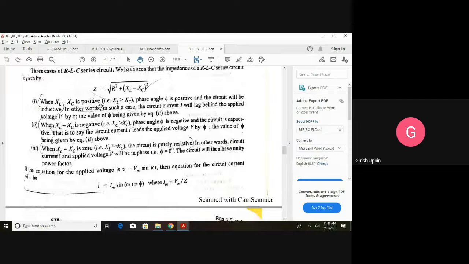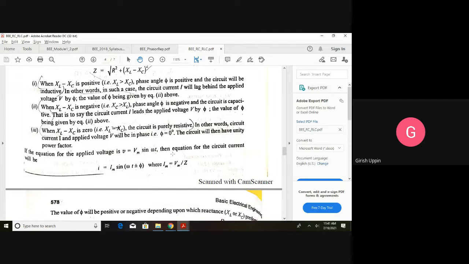XL minus XC is positive, meaning XL is greater than XC. In that case, the current will lag the voltage by an angle phi. If XC is greater than XL, current will lead the voltage by an angle phi. And if both are equal, then the circuit will behave as pure resistive, angle phi is equal to 0.